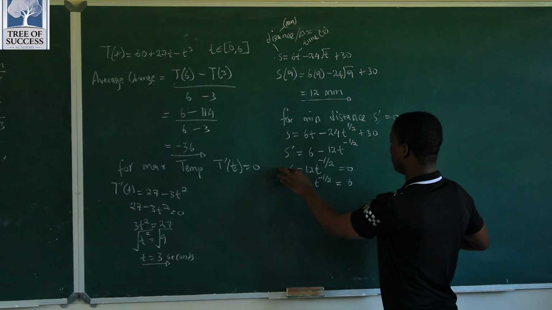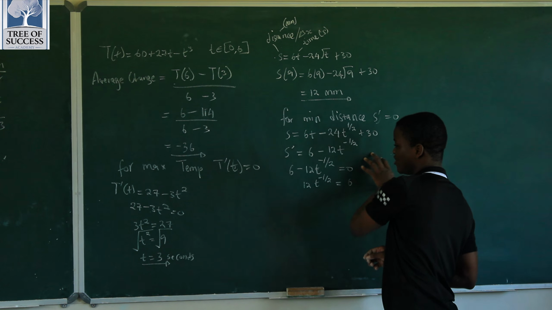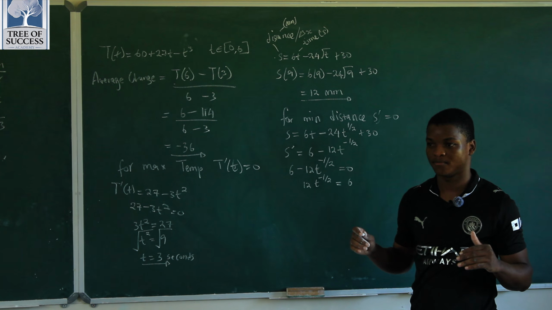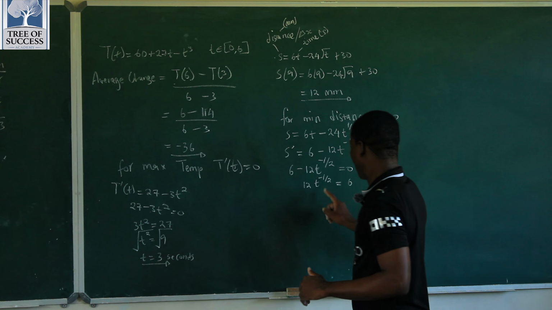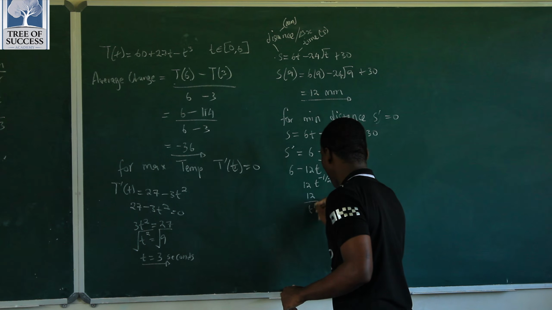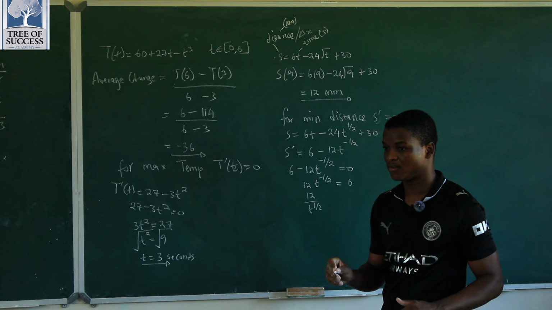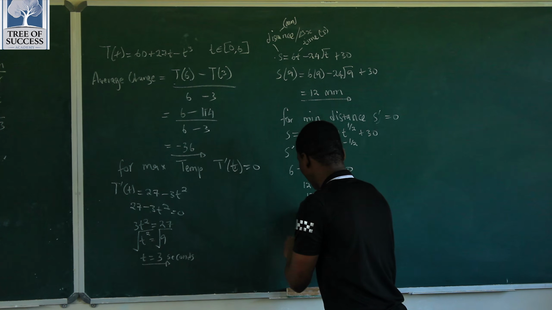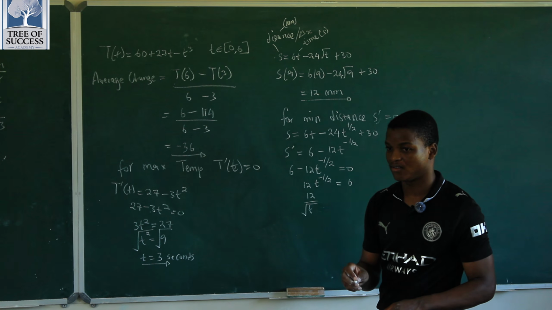Because I take this to the other side and it becomes negative, then negative divided by negative on both sides. And then this can be written as 12 over t to the power of 1 over 2, right? t to the power of 1 over 2 can be written as square root of t, isn't it?